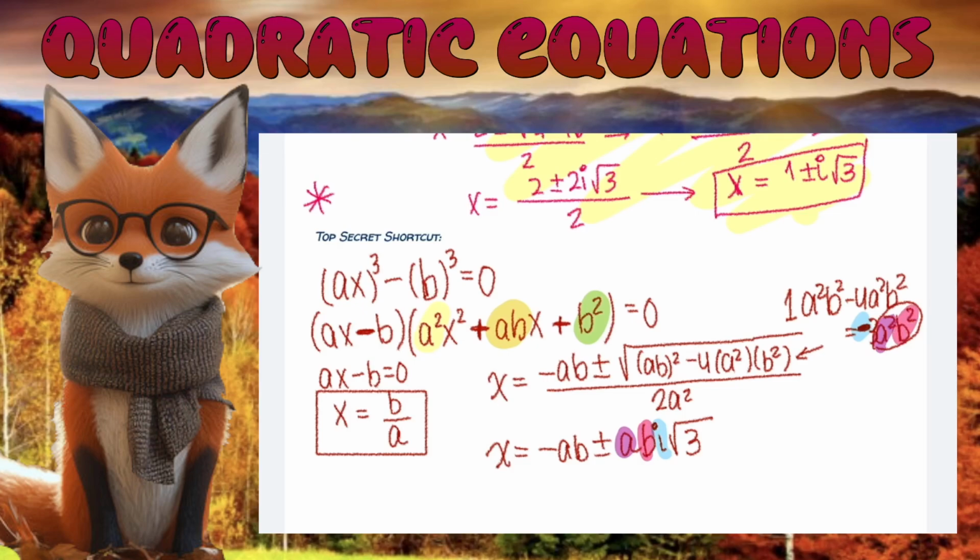Okay, so hopefully you could see where all that came from. All over 2a squared. Now I can reduce an a and an a, so I'll just cross out the square from everyone. That leaves me with x equals negative b plus minus b i root 3, all over 2a.